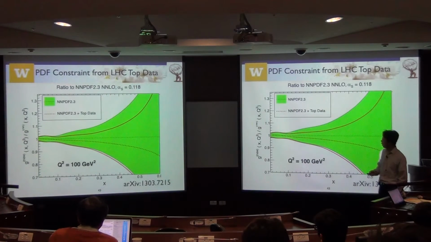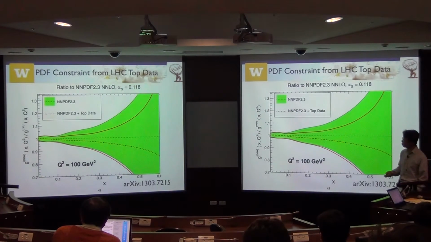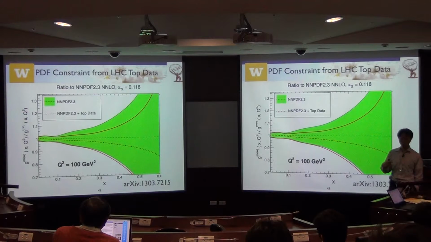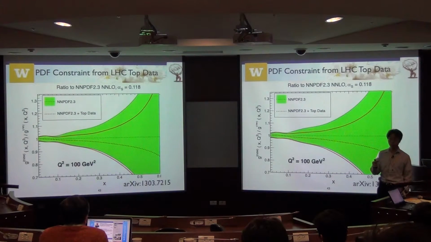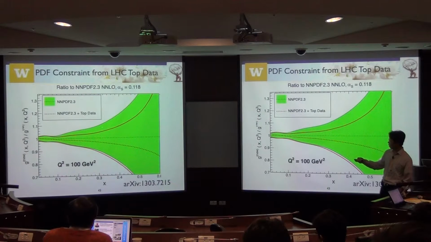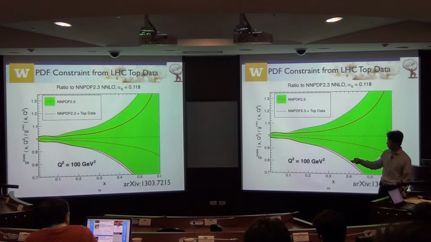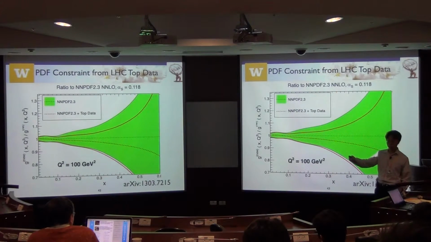For example, this is the first attempt of using the top cross-section measurement in the Large Hadron Collider, combined with the PDF data. And this is the first fit we have. You could see that the green one was the original PDF without the Large Hadron Collider data, and the red is the inclusion of the Large Hadron Collider data.